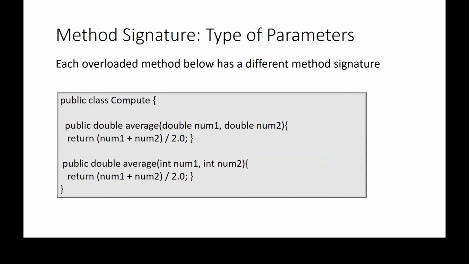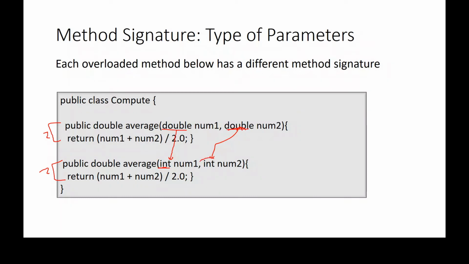Also, you can change what? You can change the type. For example, here we have two parameters. We have two parameters. But what's the difference? This one is what? Double, but this one is what? Integer. Also, this one is a change. One change is enough.